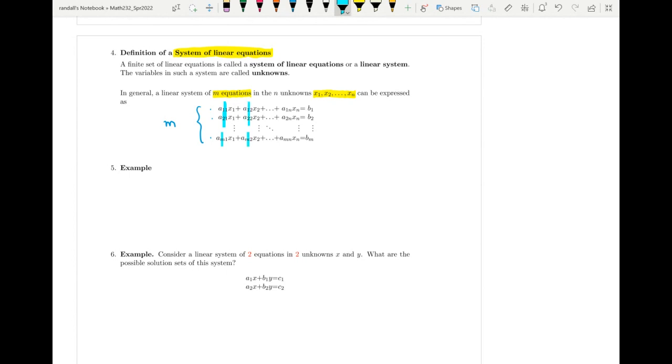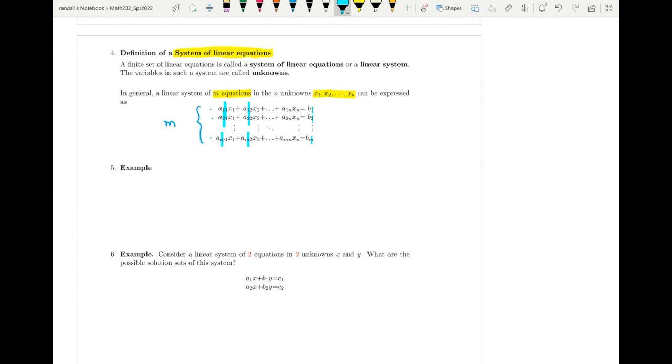It's going to be important for us to write our equations in a particular form because we're going to do some manipulations on them. So in this labeling, the first index is listing the equation number, or the rows here. And you can see them again over here, B1 to Bm. The second index for the coefficients A is labeling the variable that it's associated with.